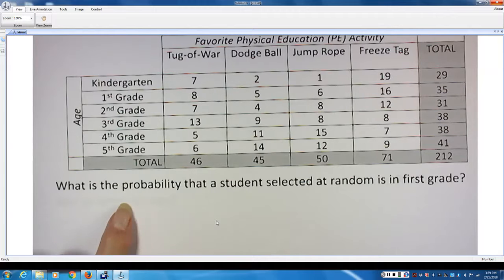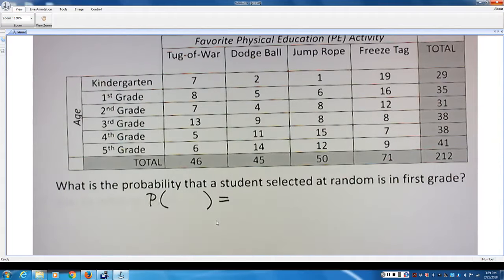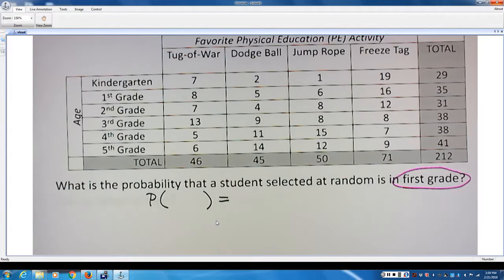What's the probability that a student selected at random is in the first grade? How many first graders?